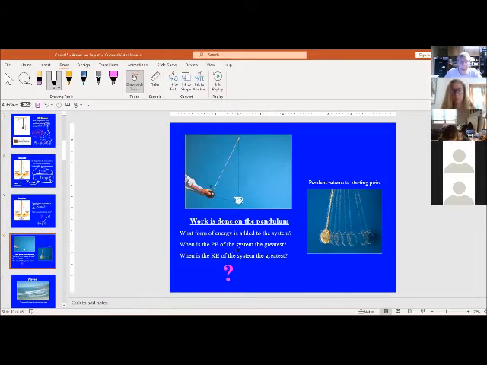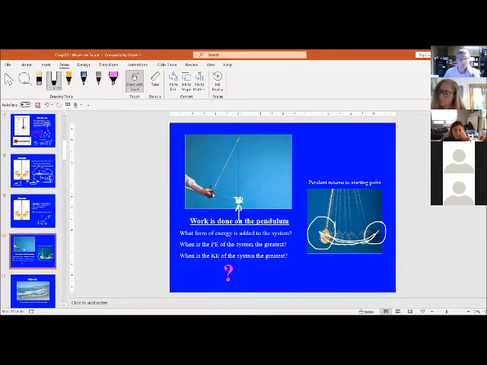When is the potential energy of the system the greatest? So he lets go and the thing oscillates back and forth. When is the potential energy of the system the greatest? That's going to be at the endpoints. When is the kinetic energy of the system the greatest? As it goes through the equilibrium, so right here.